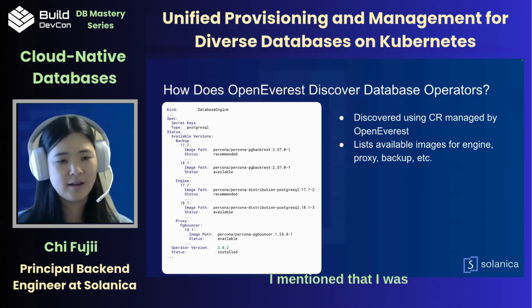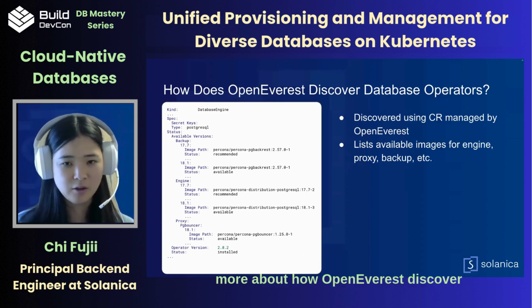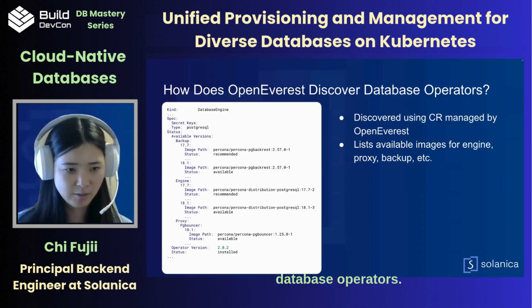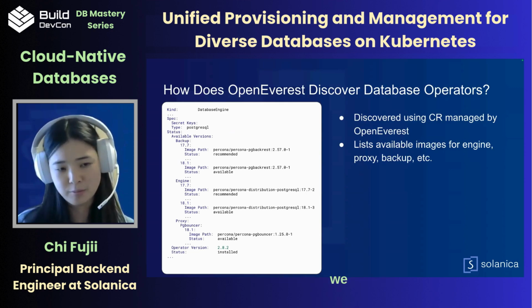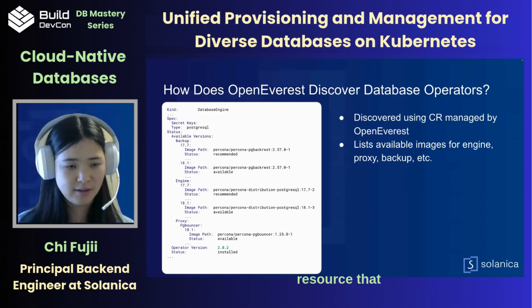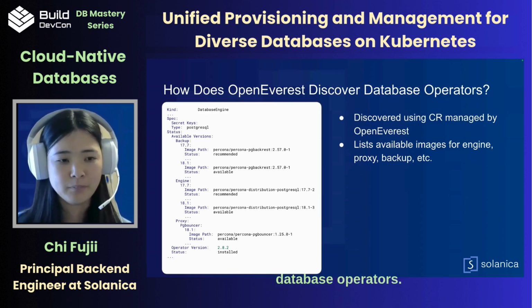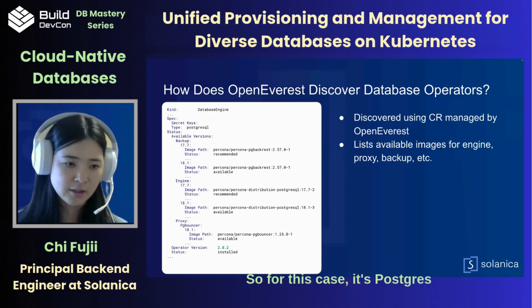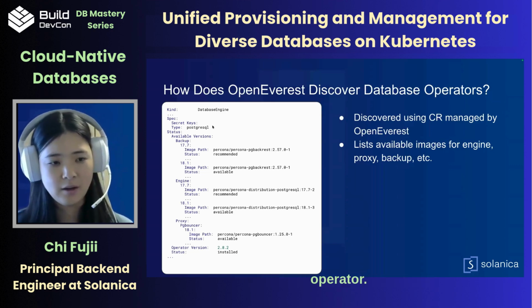I mentioned that I was going to talk a bit more about how OpenEverest discovers database operators. So we have another custom resource that we create for each available database operator. For this case, it's a Postgres operator.